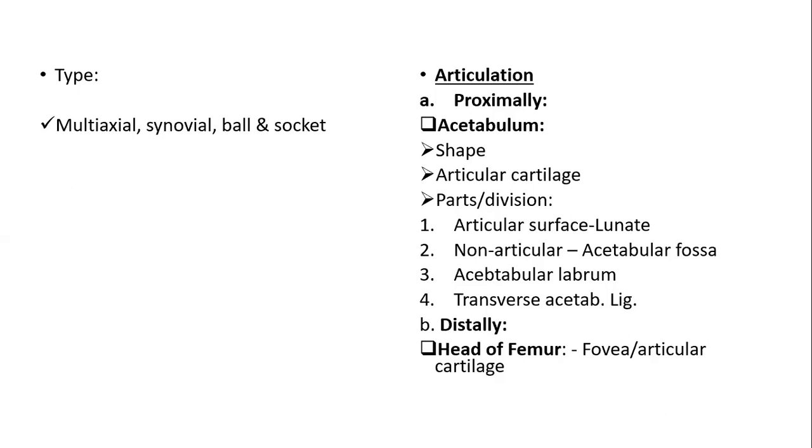It is a hemispherical, cup-shaped, hollow fossa or depression on the lateral aspect of the hip bone. It is divisible into at least three parts: articular part, non-articular part, acetabular notch, and labrum, along with the transverse acetabular ligament.